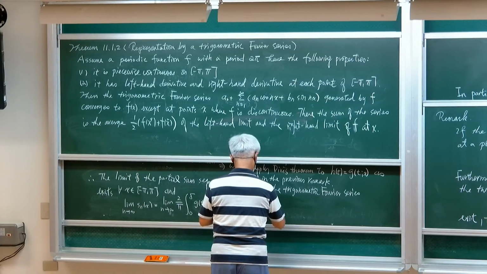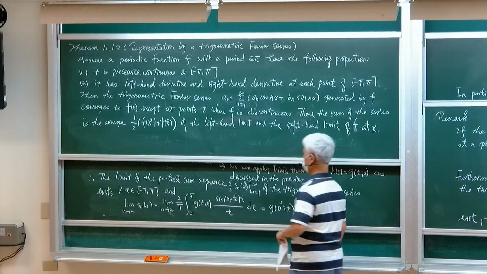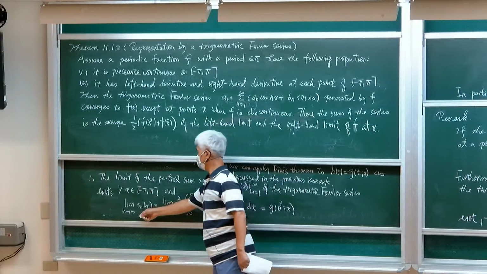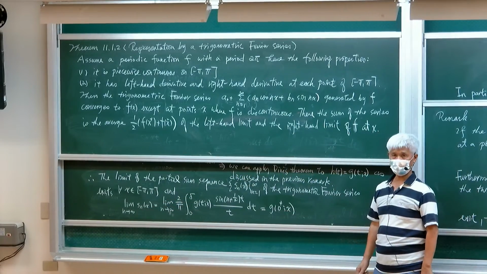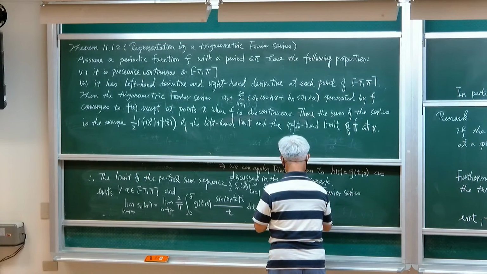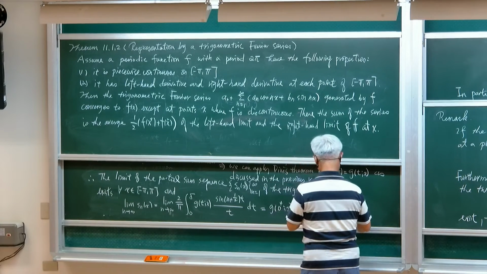By applying Dini's theorem, the partial sum limit goes to this number for each x. And this is just equal to the sum of the left-hand and right-hand limits divided by 2.